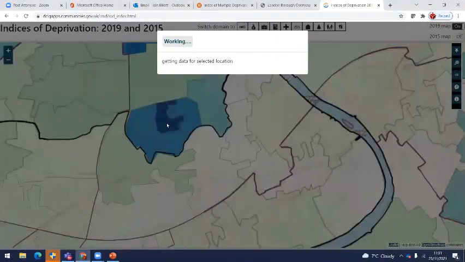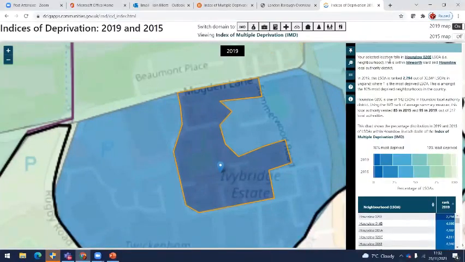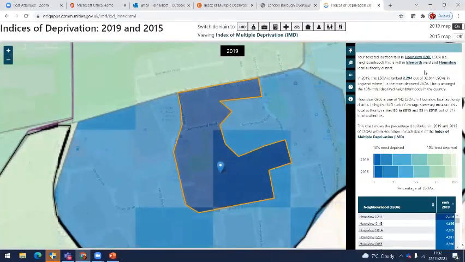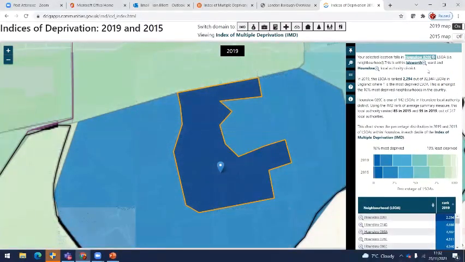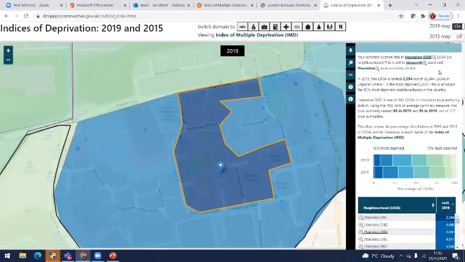Now this used to work, you'd be able to click on it and it would give you data. But I'm not sure this particular map works anymore. Oh yeah, here we go. So it gives you where it ranks, what ward it's in.